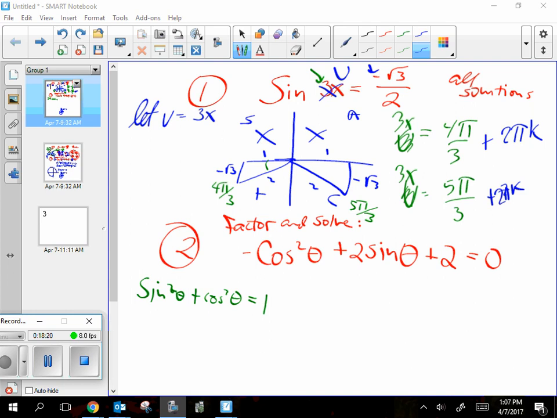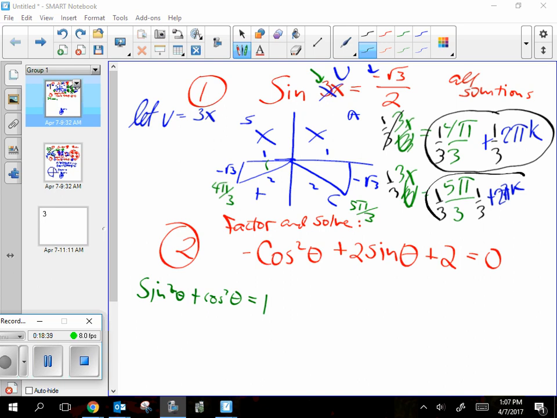Then you can multiply everything by 1/3. Four pi over 9 plus 2 pi k over 3, and 5 pi over 9 plus 2 pi k over 3.